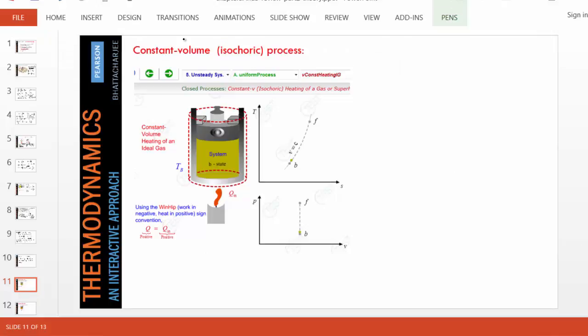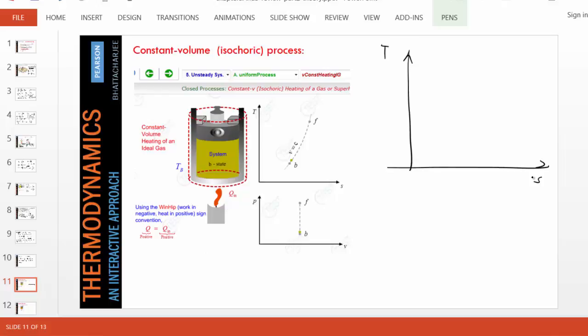So let's do a TS diagram and try to think how, let's say, a constant pressure line will look on a TS diagram. Before we go for this particular process, let's quickly make sure we understand how to draw a constant volume line on a TS diagram. So we have a gas and a TS diagram.